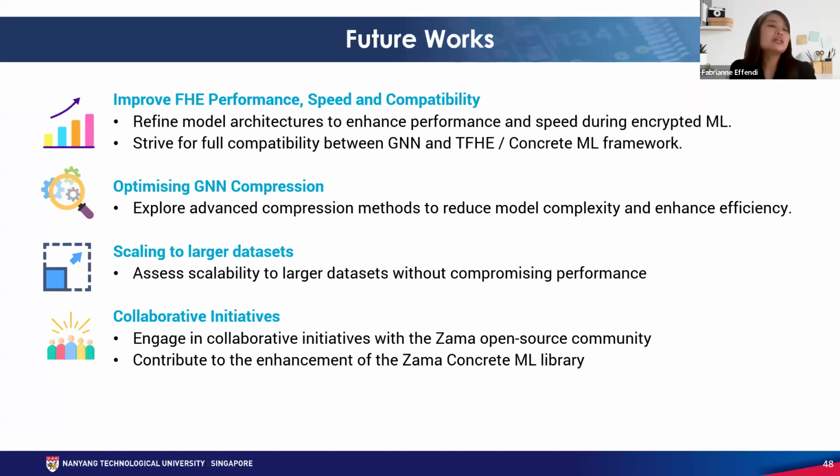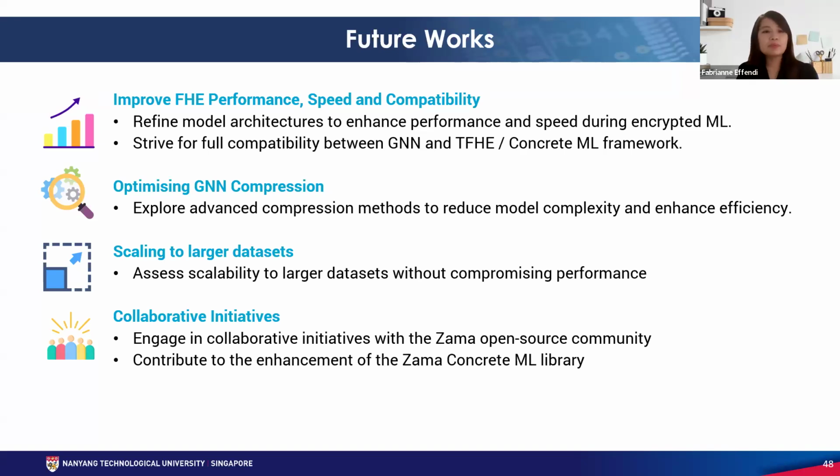For some of the future works, firstly, we could look into improving the FHE performance, speed, and compatibility. This includes refining the model architectures to enhance performance and speed during encrypted machine learning, and ultimately striving for full compatibility between the GNN and the TFHE or Concrete ML framework.